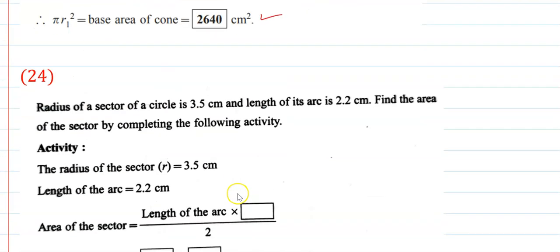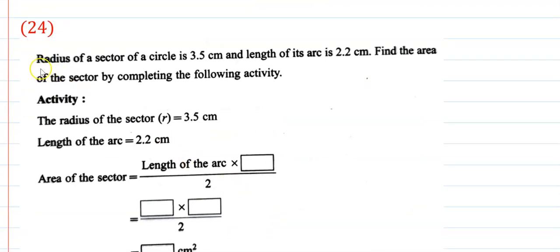Now the next activity: radius of a sector of a circle is 3.5 centimeter. This is the radius. Length of its arc is 2.2 centimeter. Find the area of the sector by completing the following activity. Okay, the radius of the sector R is equal to 3.5 centimeter.